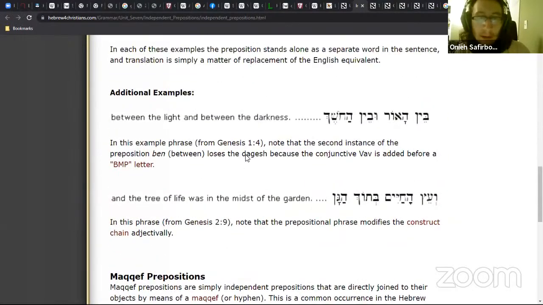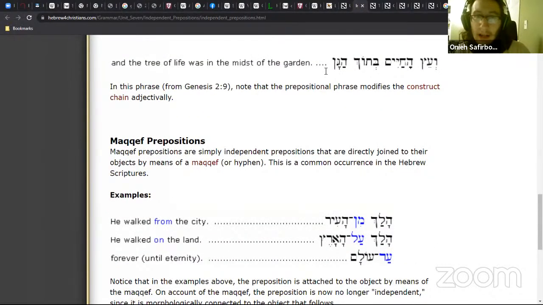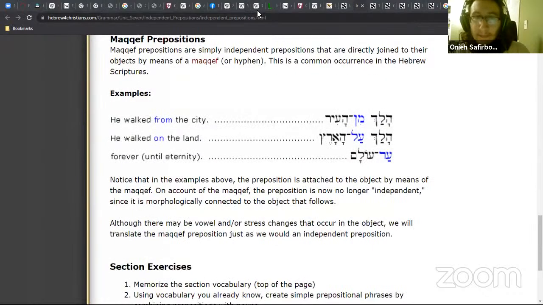Yeah, and also we've got here, he walked upon, they render it as on, but it's really more like upon the land, unto eternity or forever, or it's until, or till forever.